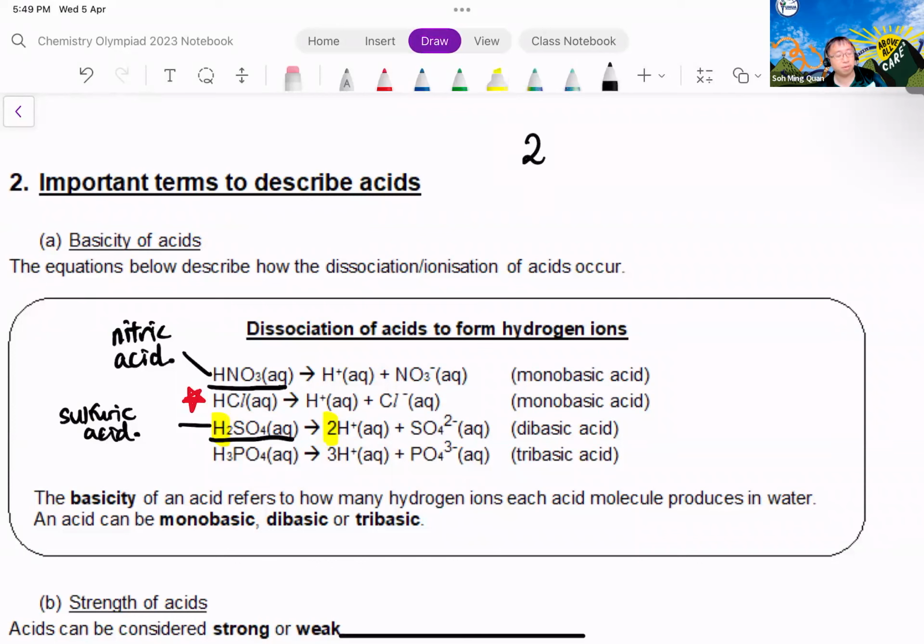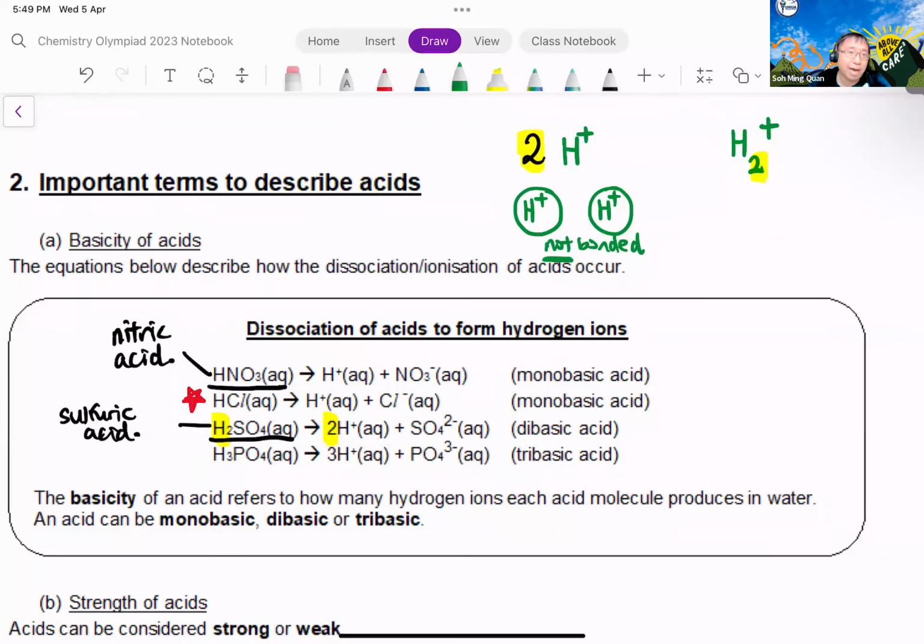I hope my students remember this. 2H+ versus, let's say, H2+. There is a difference depending on whether you write the 2 outside or below. When you write 2H+, what you mean is 1 H+, 2 H+. They are not bonded.